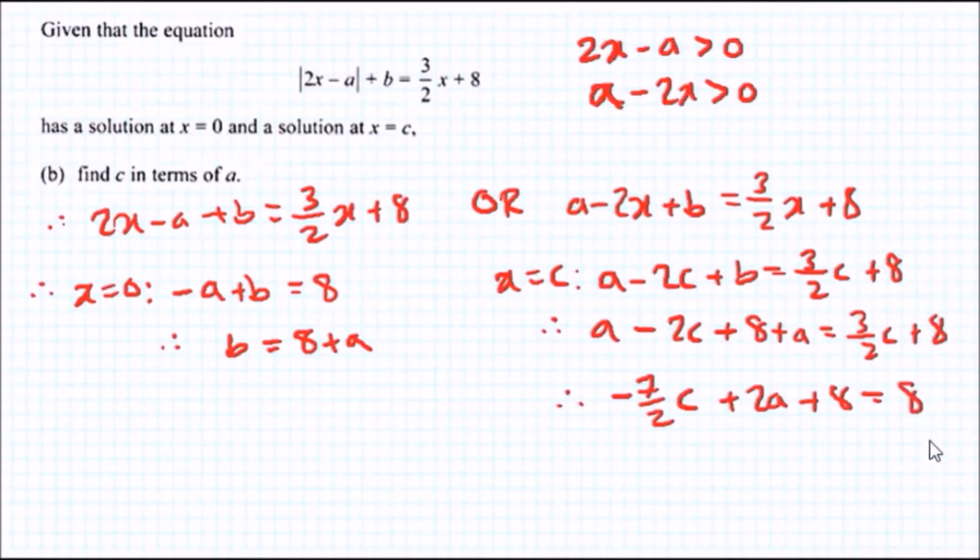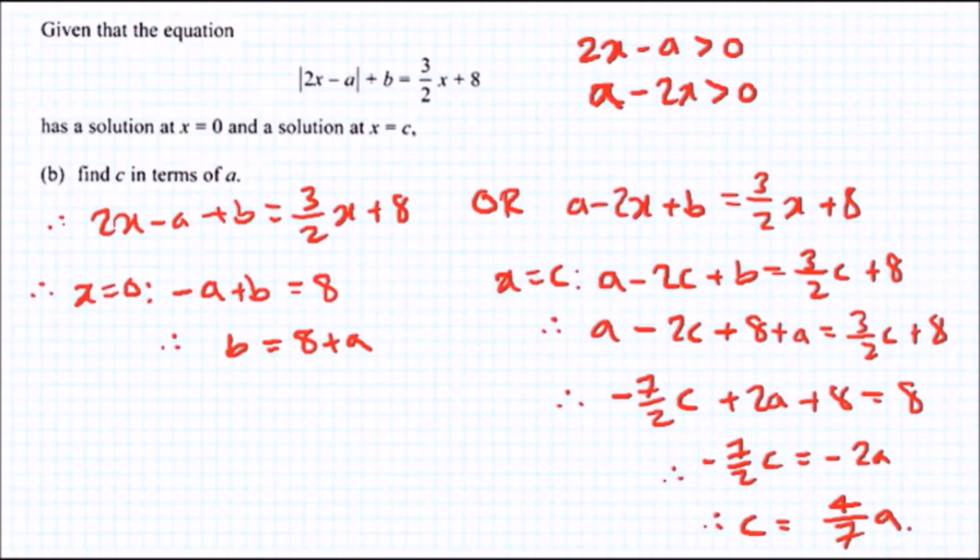Subtracting a will give us 0, and then subtracting 2a, so we're going to have minus 7 over 2c equals negative 2a. And finally, timesing by 2 and dividing by minus 7 should give us a c value of 4 over 7a. And that's it. I believe this is the final answer.